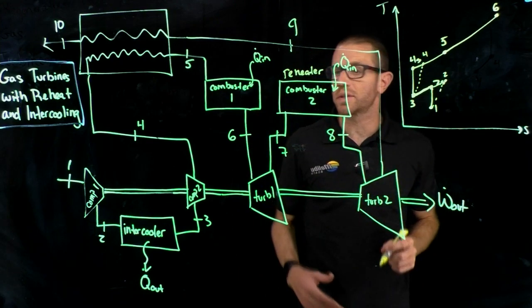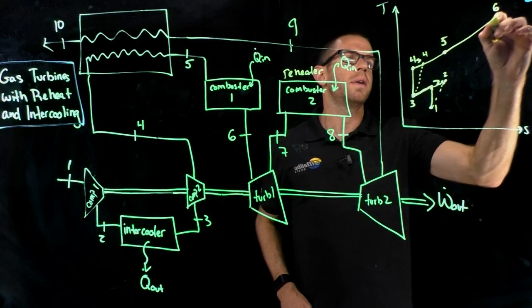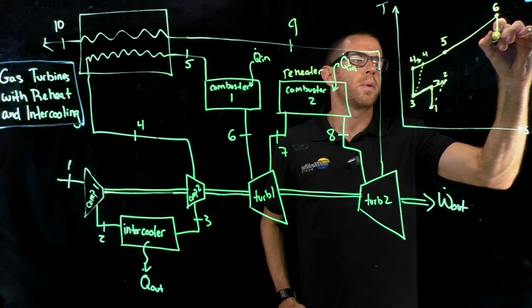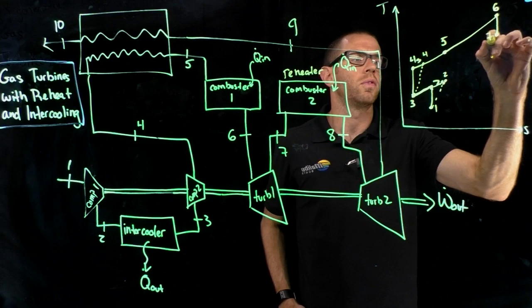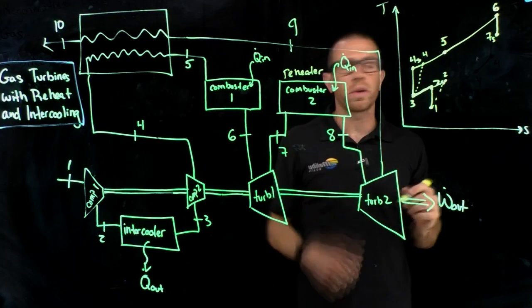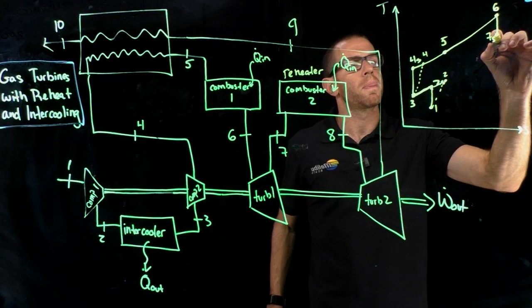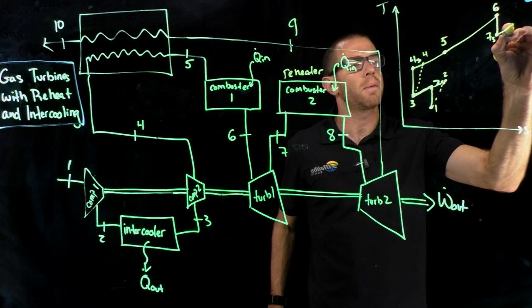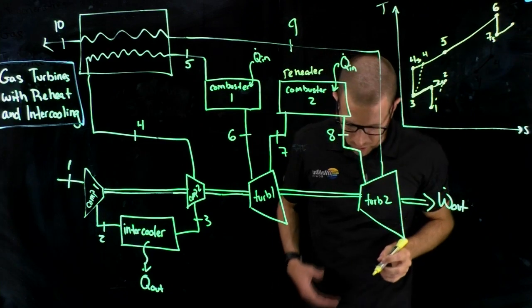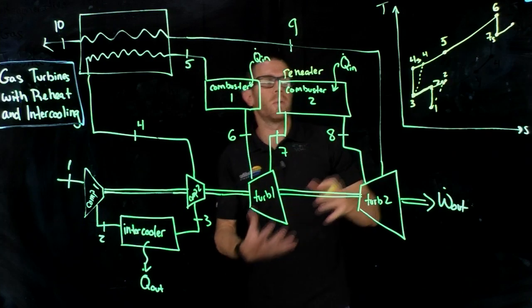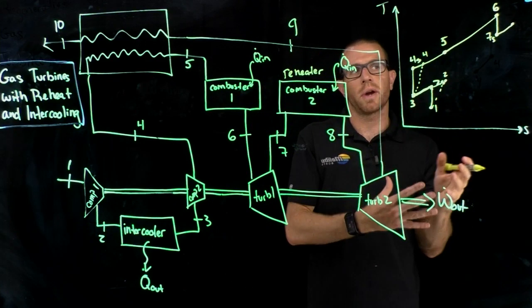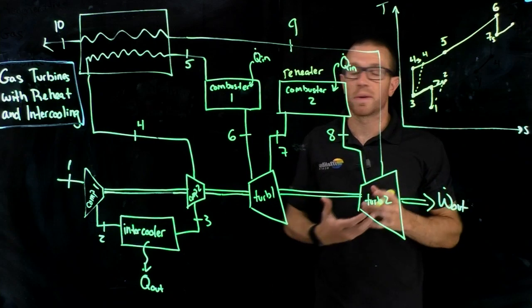Okay, and then so from 6 to 7, we're going through a turbine. So if we have an isentropic turbine, we have a vertical line down to 7S. And in our reheater, we're going to isobarically heat back up. What if we're going to heat back up all the way to the temperature at 6? That just depends on the cycle.